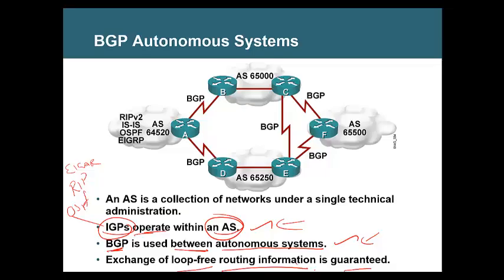Likewise, BGP also prevents loop. How? Autonomous system number. If an update comes with an autonomous system number of my own, I will ignore it because it's my own update. That's how I can prevent loop. If I learn my own update from someone, then it will cause loop.